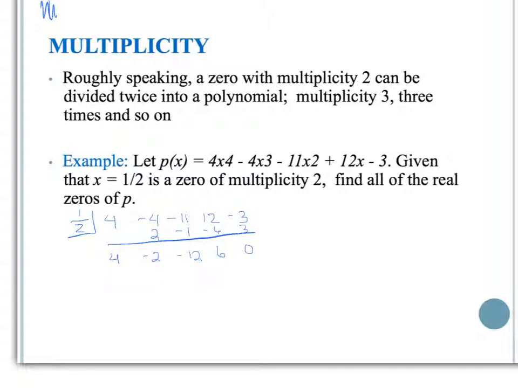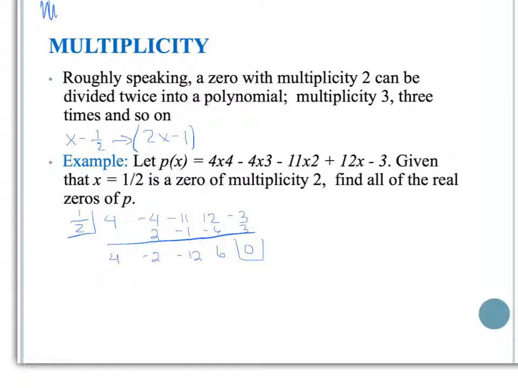And as we work through the first usage of the 1/2, we get a remainder of 0, indicating that it is a 0, or x minus 1/2 is a factor. And if it says x minus 1/2, we would really write that as 2x minus 1 as our factor.